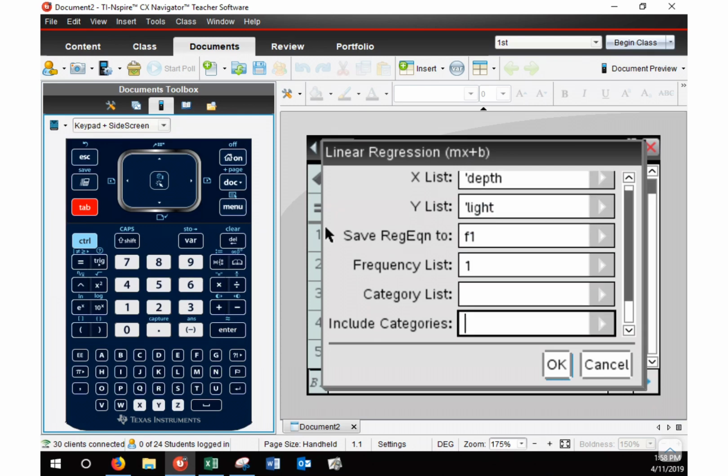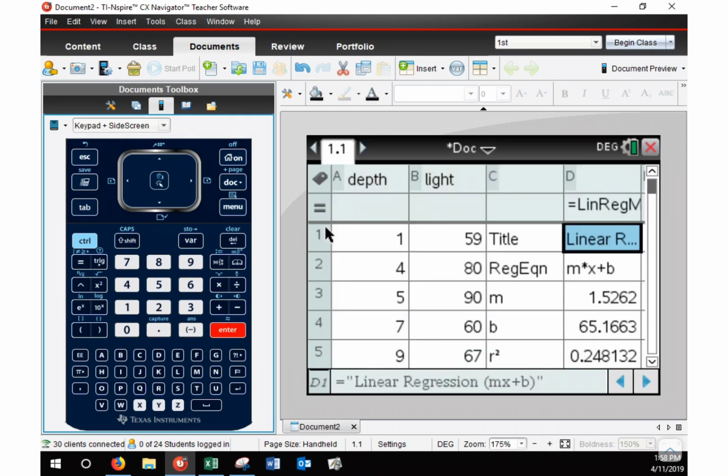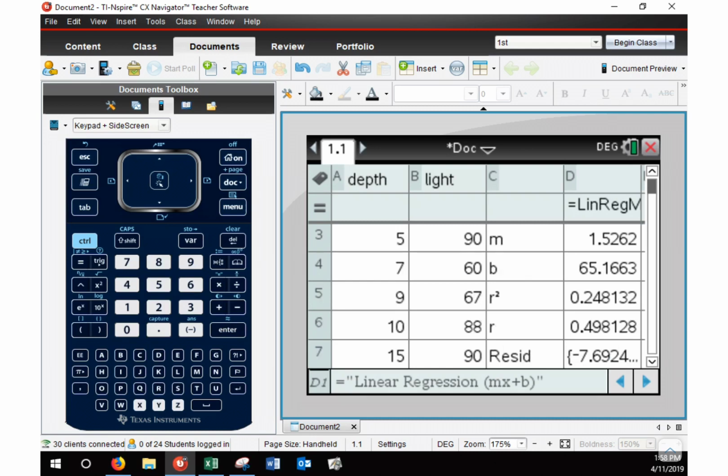Then we go down until we hit OK, and then we can scroll down and see our correlational coefficient right there: 0.498, which I could round to 0.5. That one would be a weak positive, almost a strong positive, so it's going to look pretty strong.